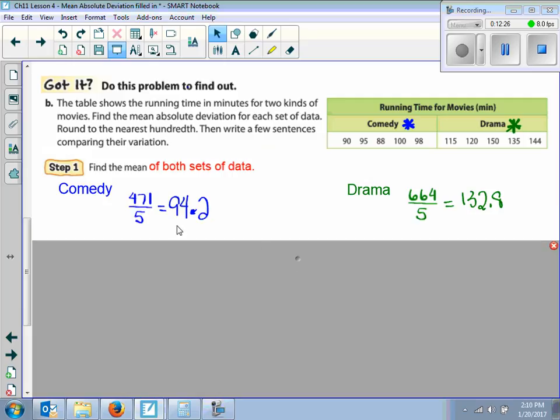So for the comedy, we have 471. You add them all together, you get 471, divided by 5. That's going to give us 94.2. For dramas, we have 664. We're dividing that by 5 and we get 132.8.